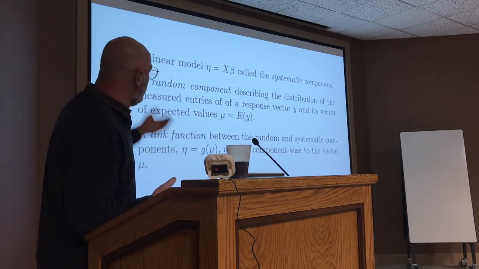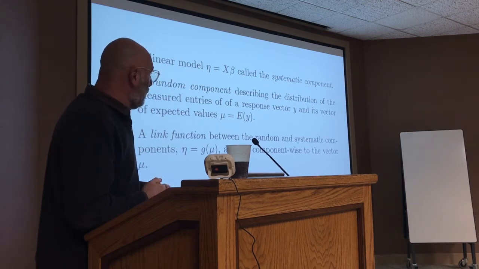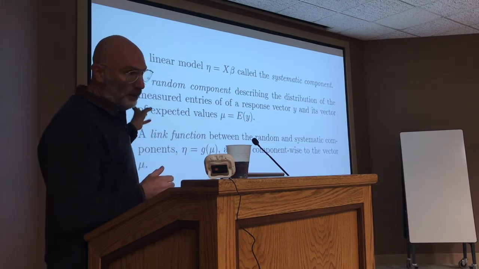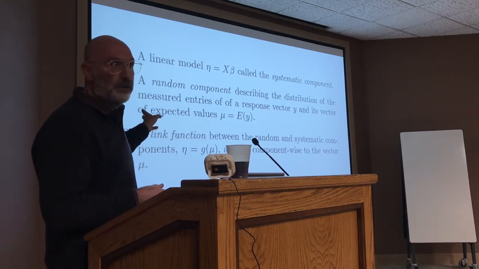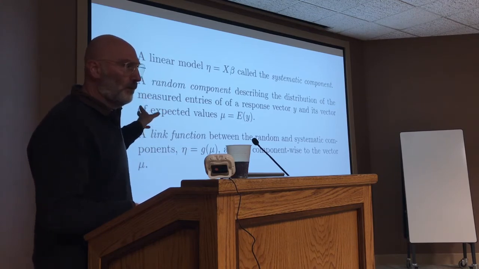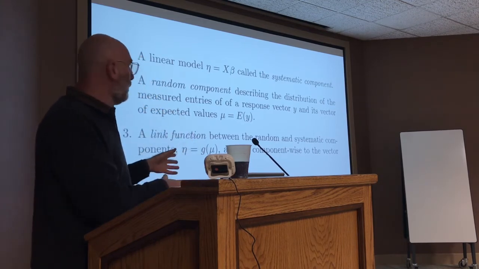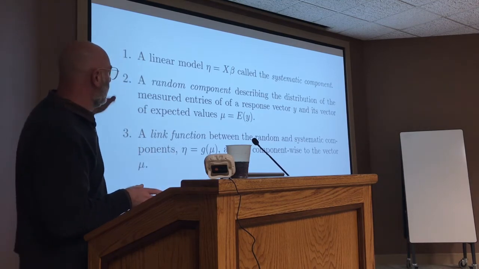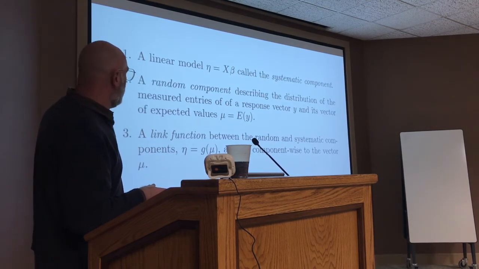But anyway, you have some concept of their distribution. This is, by the way, very frequentist. There are analogous Bayesian ways of thinking about this, but I like this approach because it's so systematic.